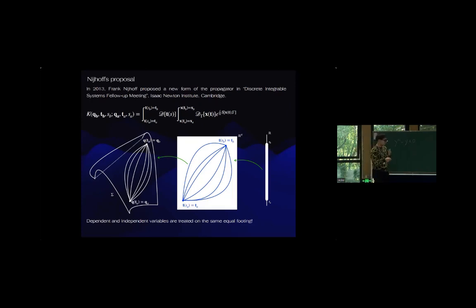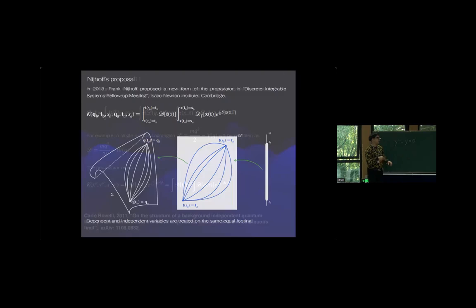I believe it means that dependent and independent variables are treated on an equal footing, which, correct me if I'm wrong, is more or less related to the idea that he gave this year, because he tried to generalize the idea of treating Q and T on the same equal footing.